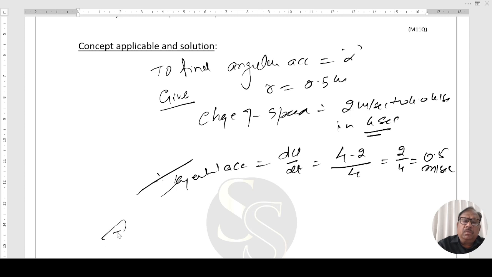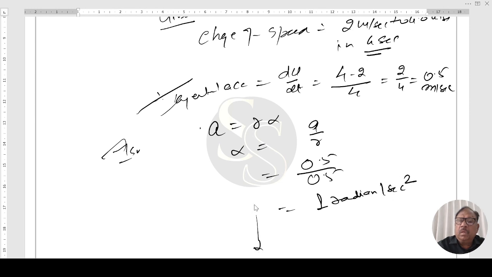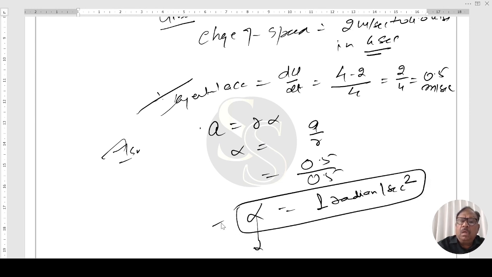Also, a equal to r alpha, alpha equal to a upon r. This comes out to be 0.5 divided by r, which is 0.5. That is 1 radian per second square. This is the angular acceleration. Right? Next question.